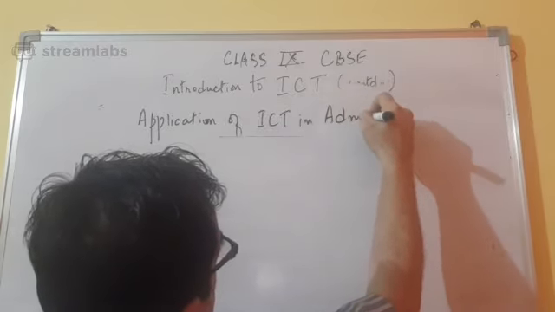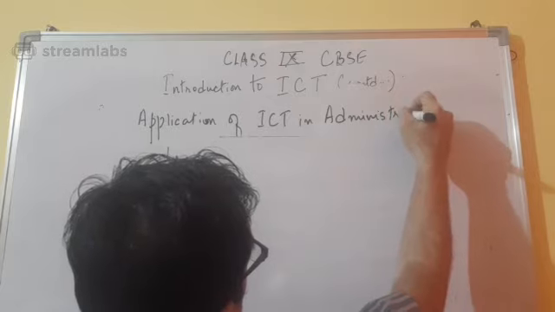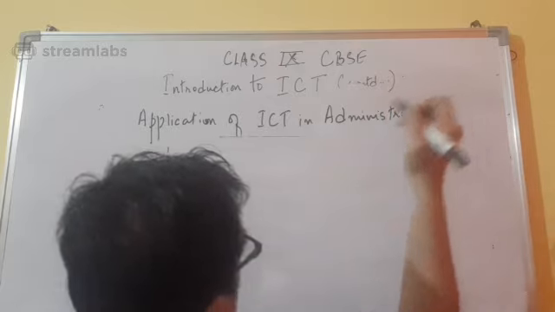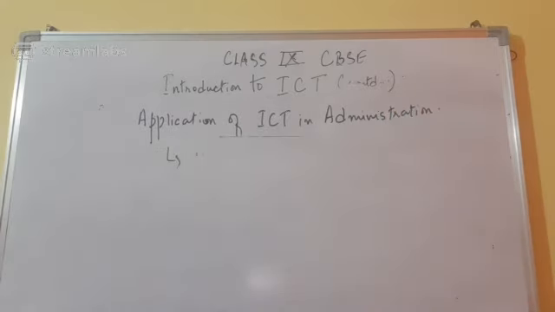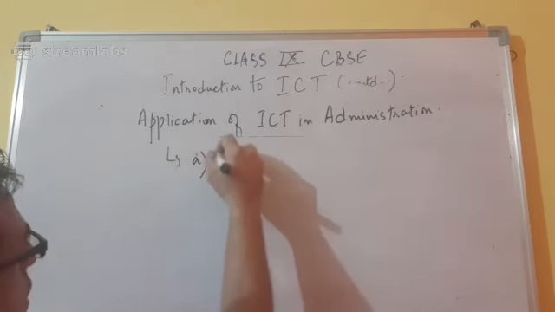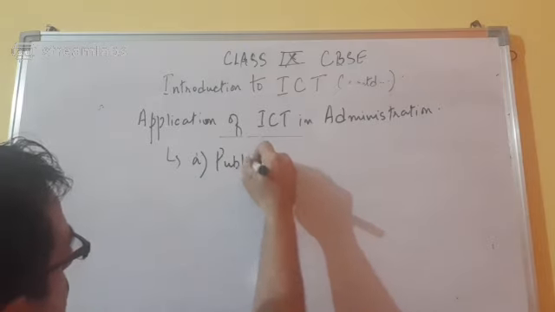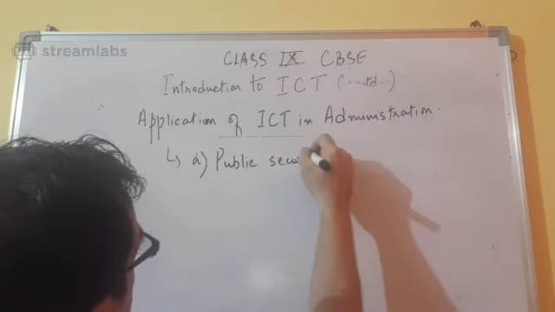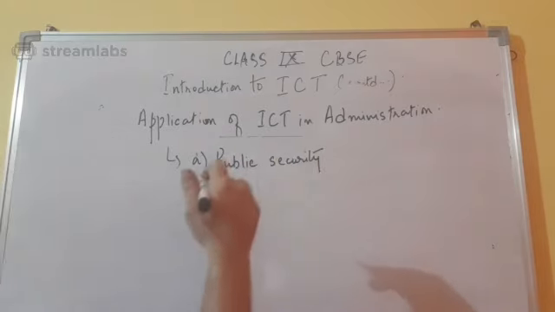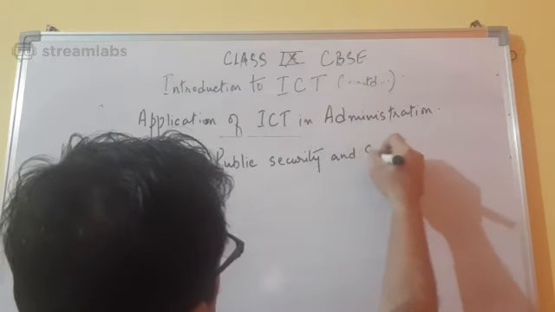Another sector where the usage of ICT is generally seen is administration. So in administration, what is there? Administration can be done at two levels. First is public security and safety.